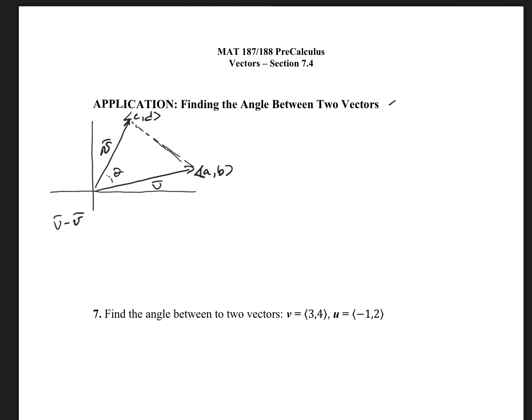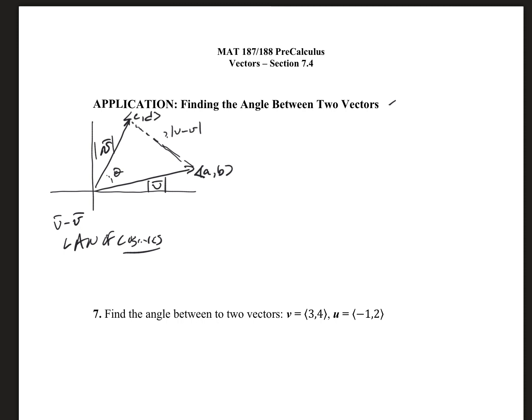And that's really important because what that allows us to do is apply the angle that we have is the opposite of whatever that side is, right? And that's basically u minus v. So if I can find the magnitude of that and the magnitude of u and the magnitude of v, what I essentially have is the law of cosines.